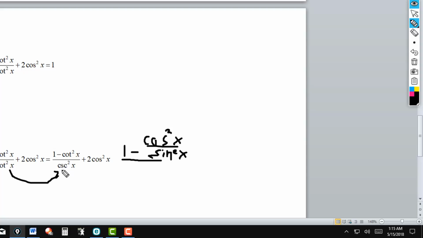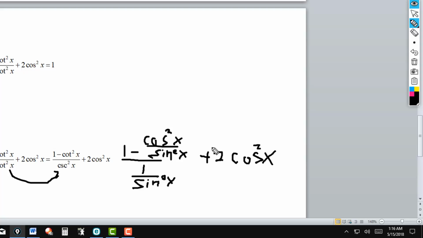Okay, and of course cosecant is 1 over sine, so cosecant squared should be 1 over sine squared of x. And I just bring the other term over, 2 cosine squared x.